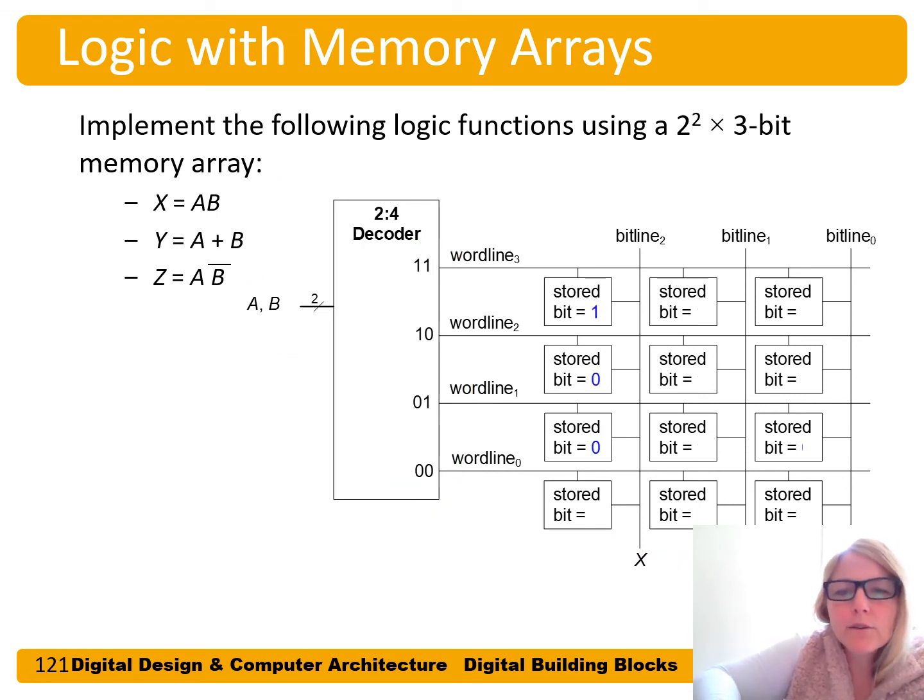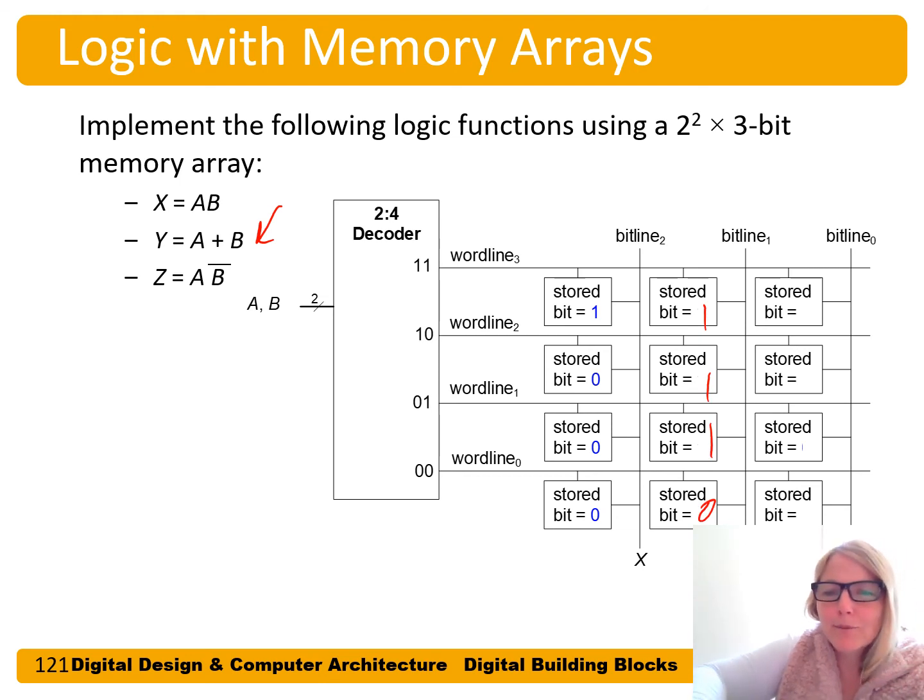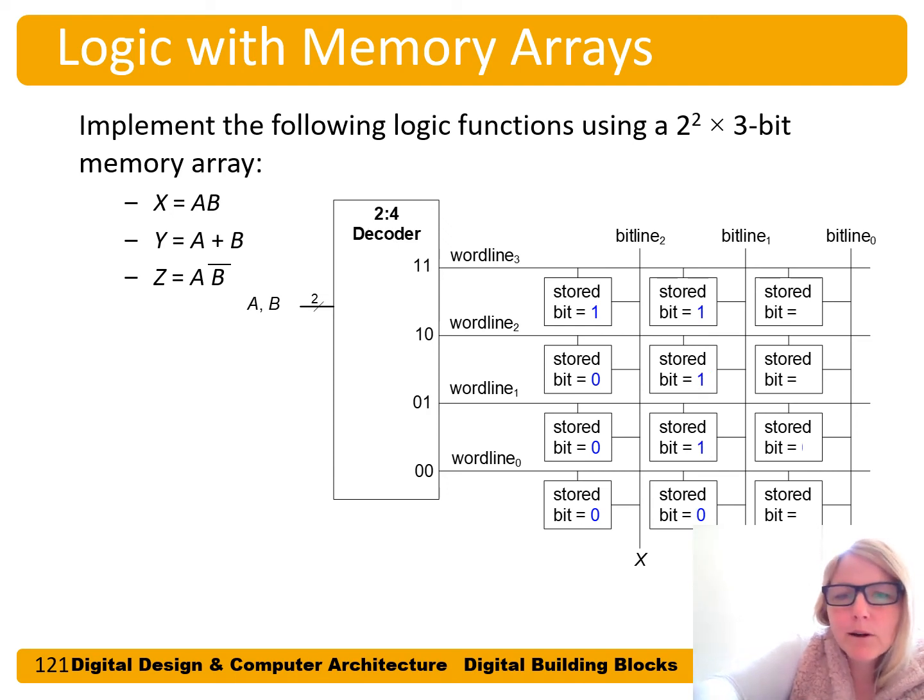Then our next one, Y equals A or B. Well, that would be 1, 1, 1, 0. This is written upside down from a truth table. And then the last one, Z equals A and B bar. That would be this one. The rest are going to be zeros. And so the main thing here is that we can perform logic with our memory arrays.